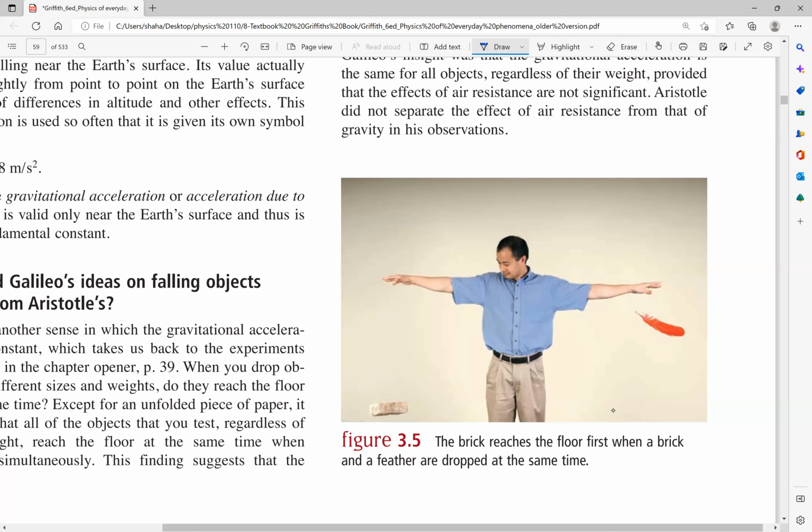The answer to this question is related to this factor, air resistance. If you're close to the earth, you have air, and air causes much difference between these two falling objects. On the contrary, if you're close to the moon surface, because of vacuum and no air resistance, they're going to be the same, and they have the same time of falling.